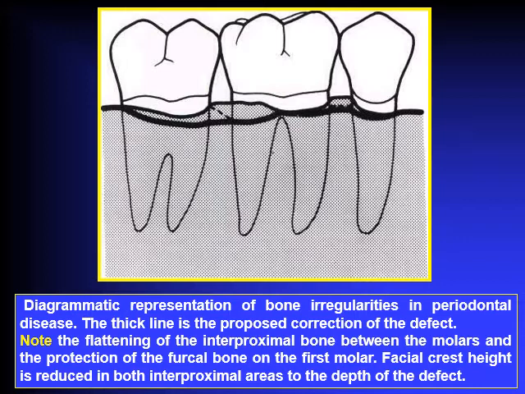The facial crest height is reduced in both the interproximal areas to the depth of the defect. This is flattening of the interproximal bone.